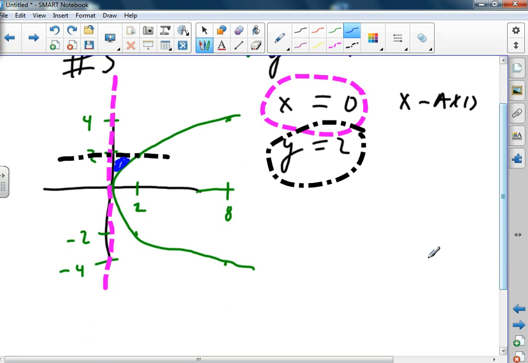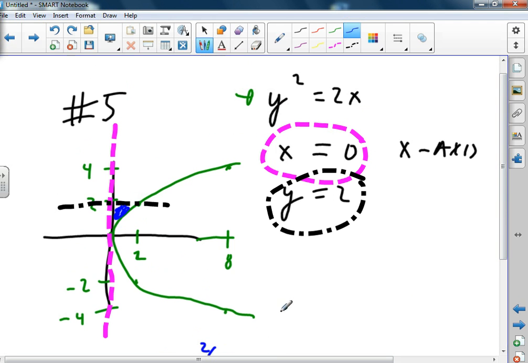So when we rotate around the x-axis, we go 2 pi integral. When we rotate around the x-axis, we do it dy. So we're going to go 0 to 2, and then we're going to go y.